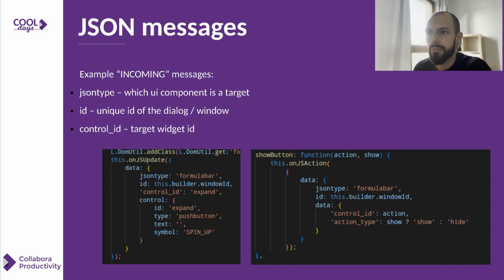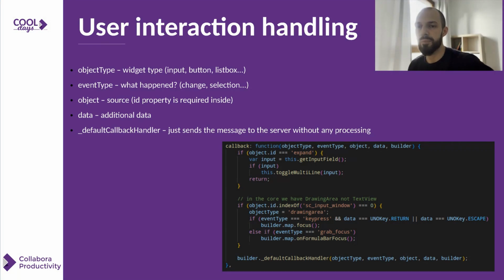So this is how we can send events to our user interface to modify it, but how do we handle actions from the user when he, for example, clicks a button? For that we have a callback, which has four parameters.